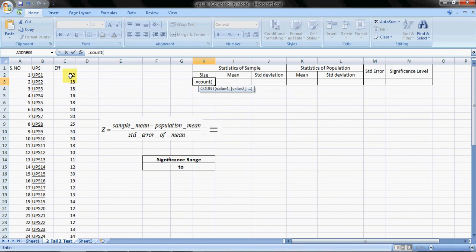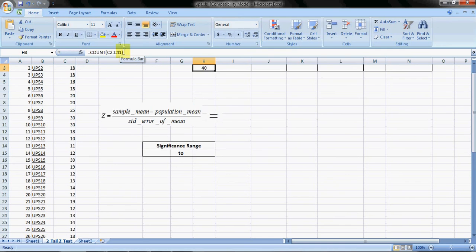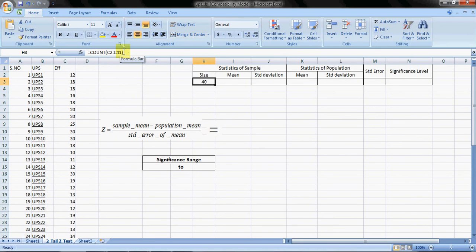So put the cursor on the first data, press Ctrl Shift and down arrow key, and you get the range automatically up to the last. Close the bracket, and here is your sample size. You can see COUNT C2 to C41 in our case, and the total sample size is 40.